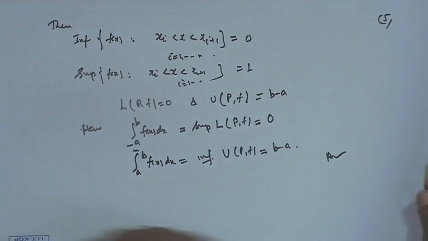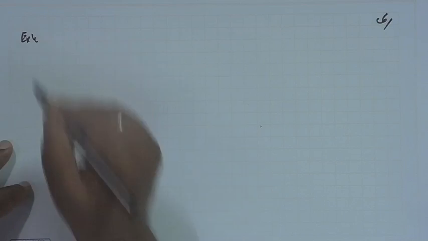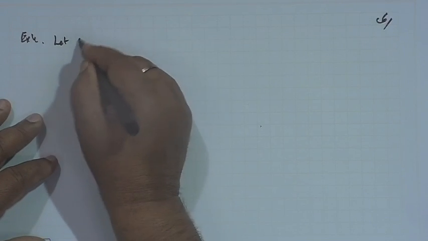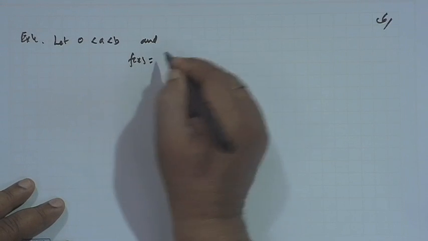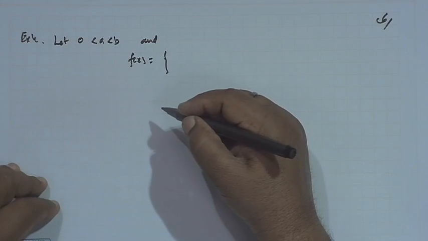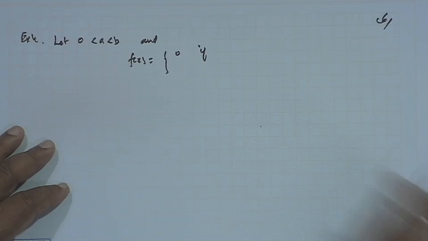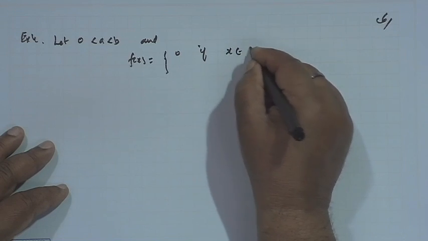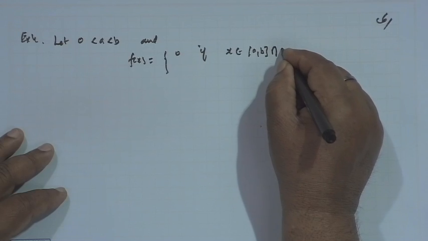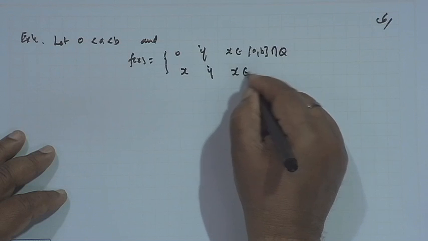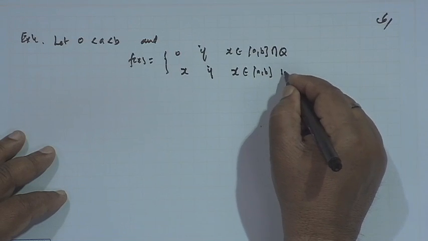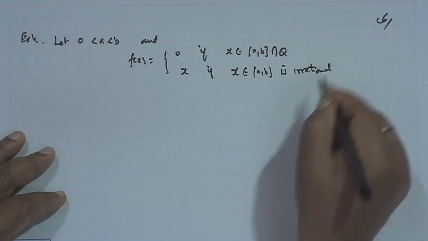The next example is example 4. Let 0 less than a less than b, and f x is defined as 0 if x is a rational number in the interval a b, and x if x is in the interval a b and is an irrational point.